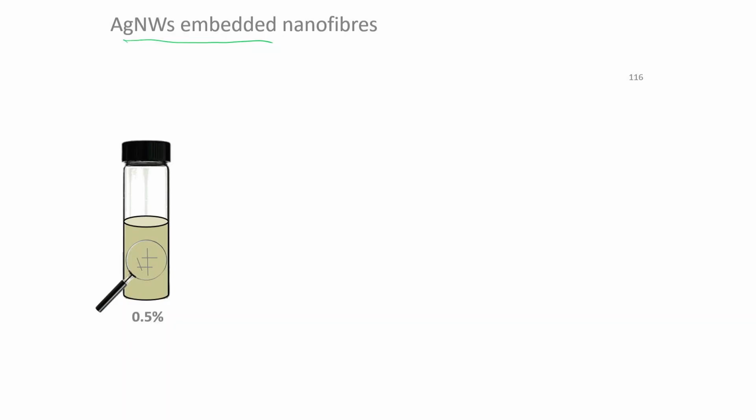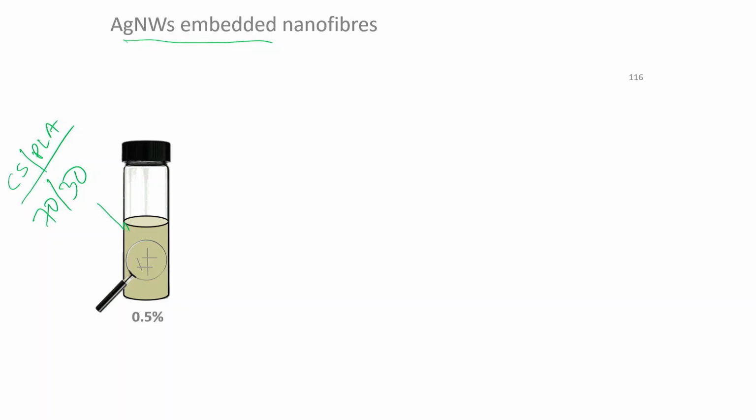Now, for that experiment we have used the 70-30 chitosan PLA blend, which was optimized earlier, and along with that we have added nanowire with different proportions.